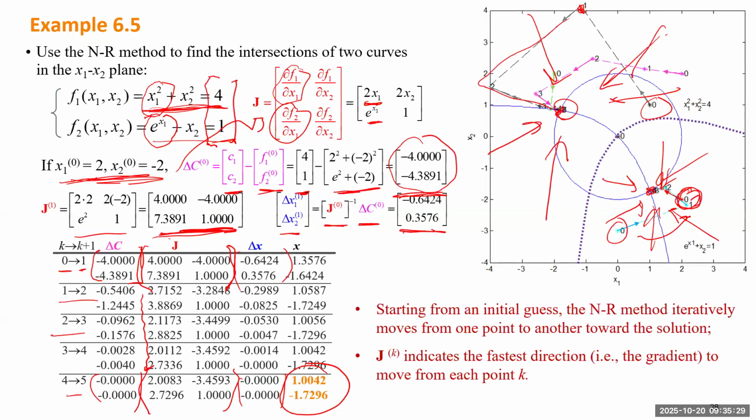So in this example, we see the Jacobian is not constant. Every time you update S1, S2, you need to update the Jacobian. So that's why the Jacobian keeps changing during this process. And at every step to solve the update on X, you need to calculate the inverse of the Jacobian.